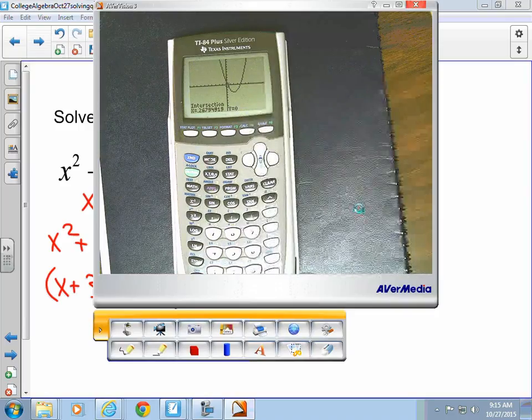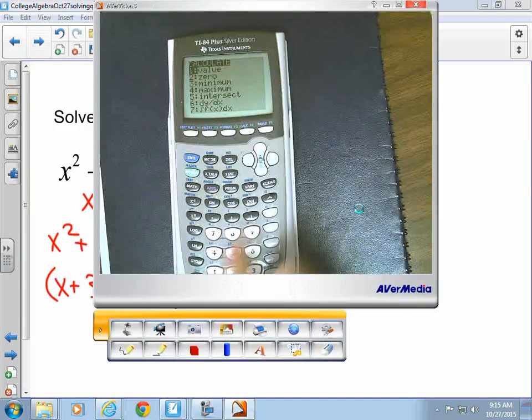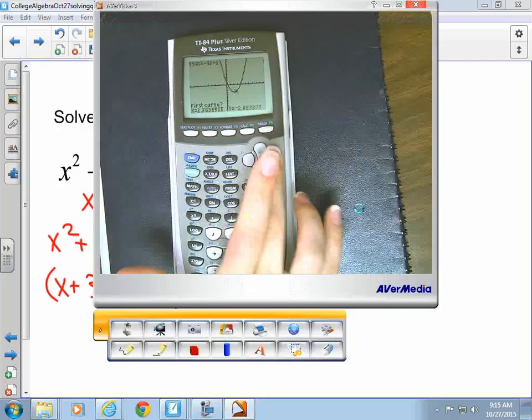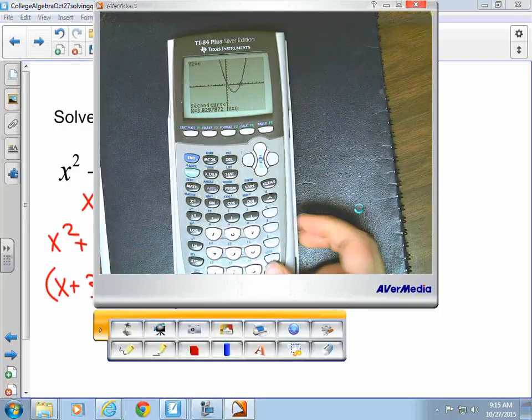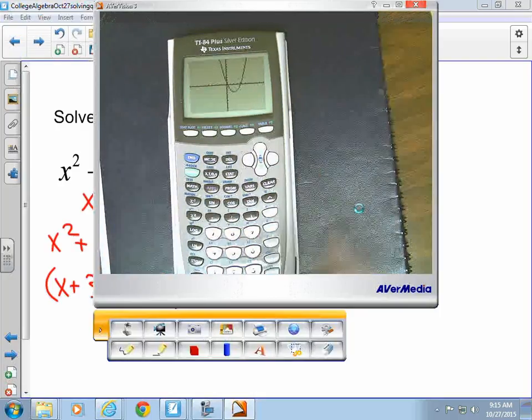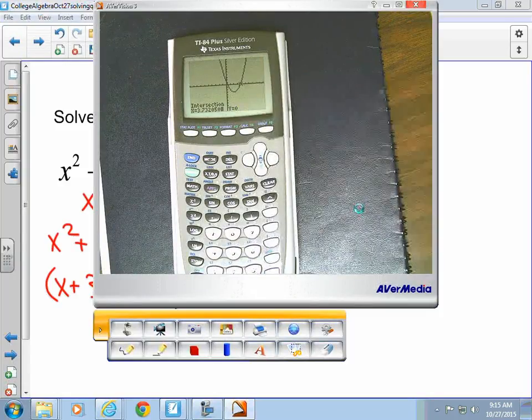Okay, second trace 5, move over to the right, and push enter 3 times. Did someone write that first one down? Good, because I don't remember it.